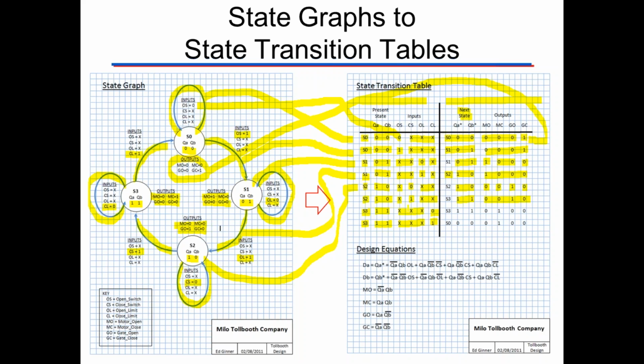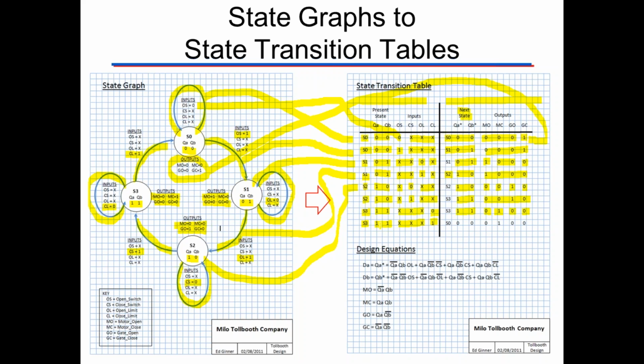Motor closing is turned on. Gate open now is not gate open anymore, so we change its status. This stays the same, and this one stays the same as the previous. And now finally, we're in state 3. This whole line is state 3.